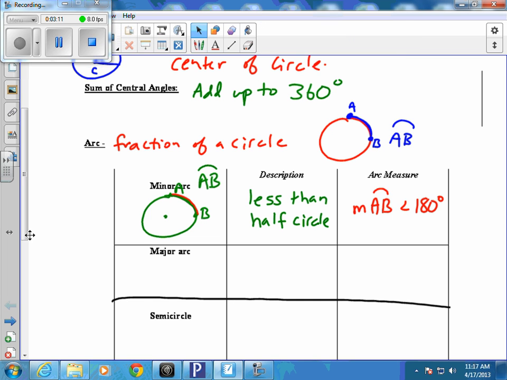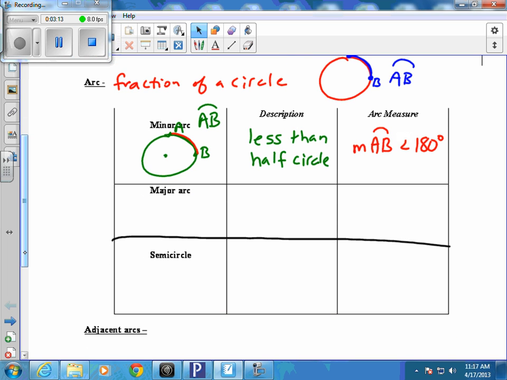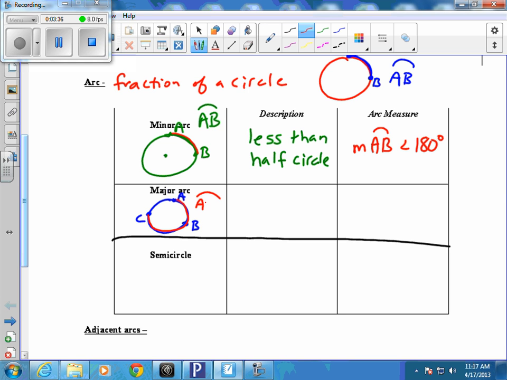A major arc would then be the opposite of that. A major arc would be an arc that's greater than 180 but less than 360. So if I draw a circle, and we have now A, B, and C. Now let's say I want to do the major arc from A to B to C, that part of the circle. You'd actually label that arc ABC.